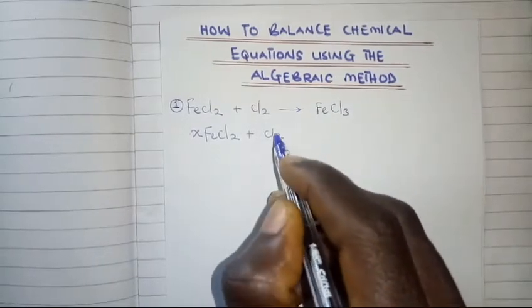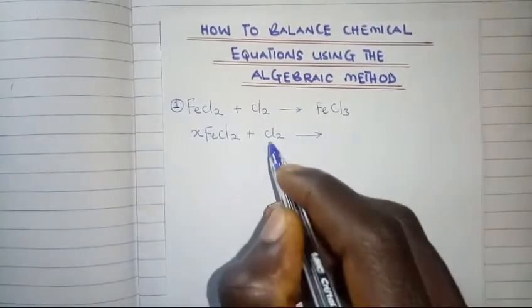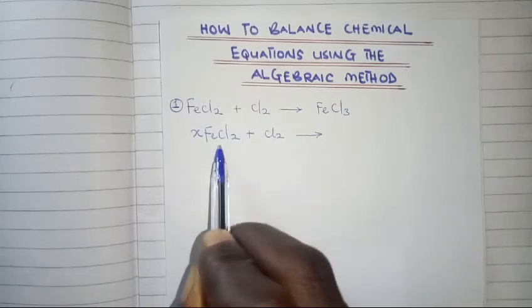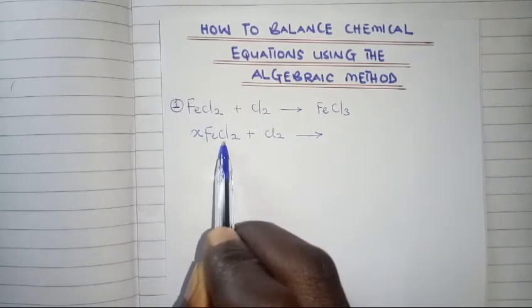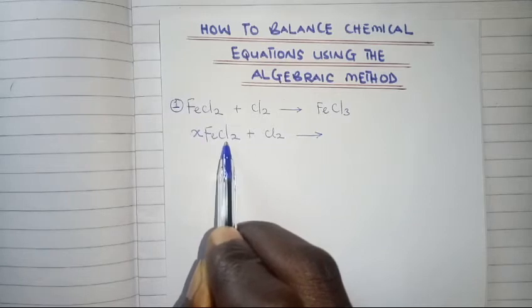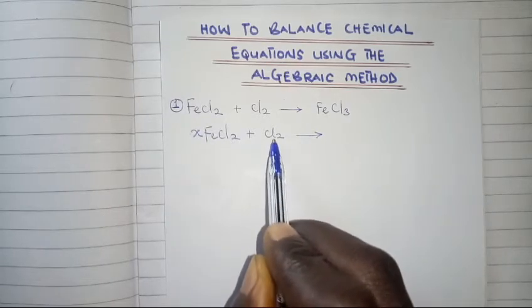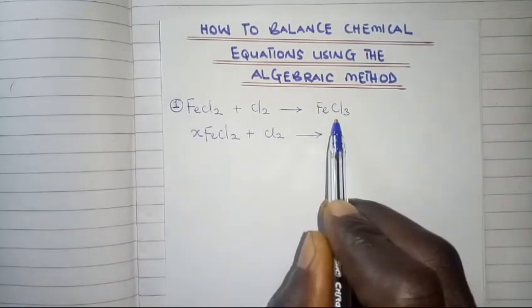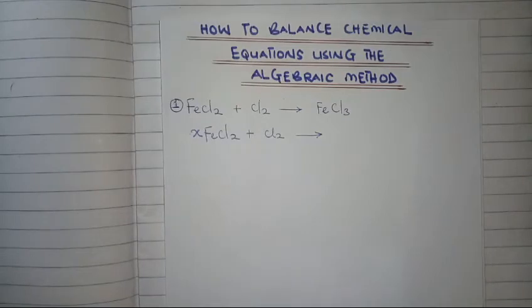I won't put anything here because this is just one atom. Moreover, this chlorine has already been attached to iron here, so there is no need for me to deal with this chlorine molecule, because this whole expression is dealing with just two elements reacting with themselves.